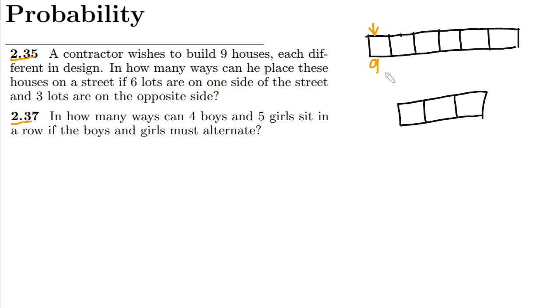So it will be 9, and how many designs will be left here? Here it would be 8, here 7, here 6, 5 and 4. Similarly, after building these 6 houses, how many choices would he have here? These are the 3 houses, and he will have 3 choices here. Similarly here 2 and here 1.